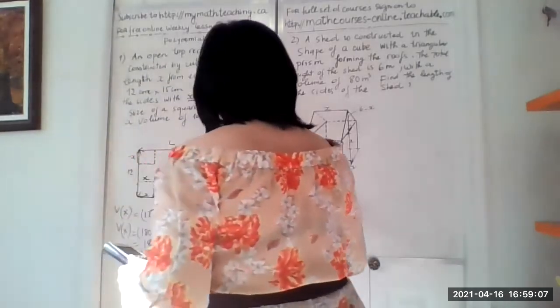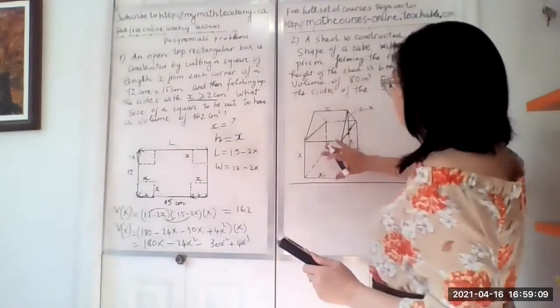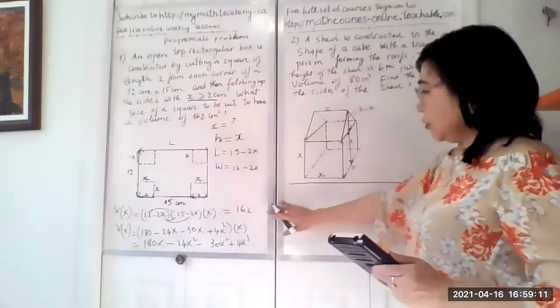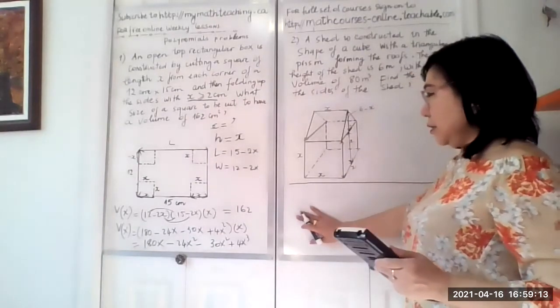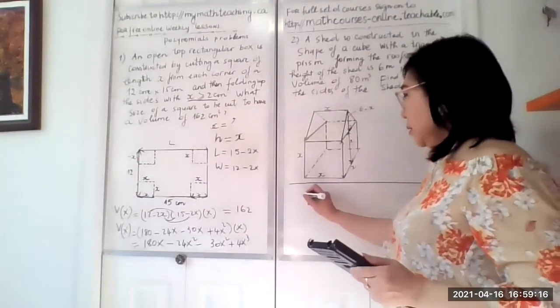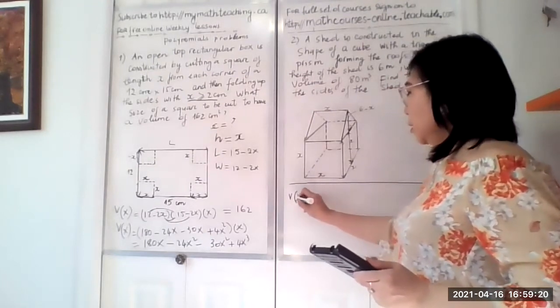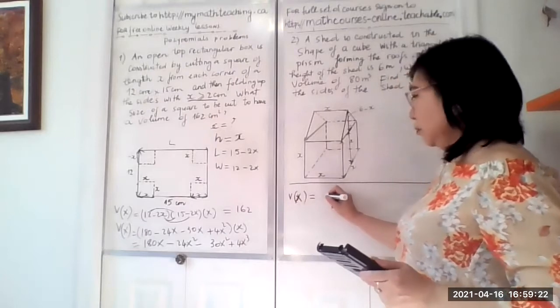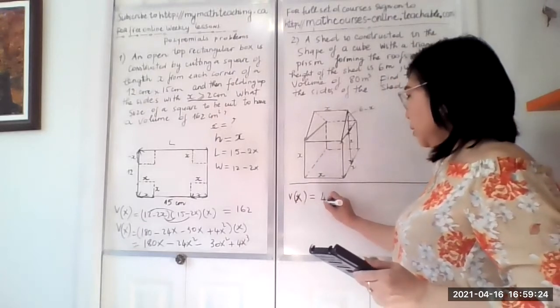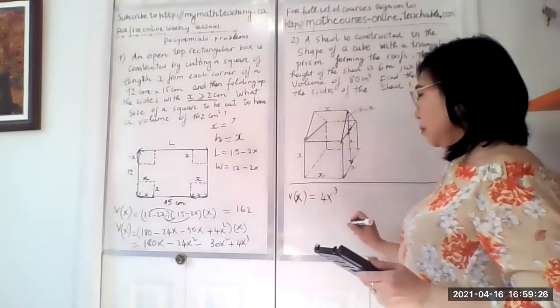So this equation will become, now this is for the second problem, so I'm going to move it down here. My volume polynomial function will be V of x, let's put it in descending order starting with x to the power 3.